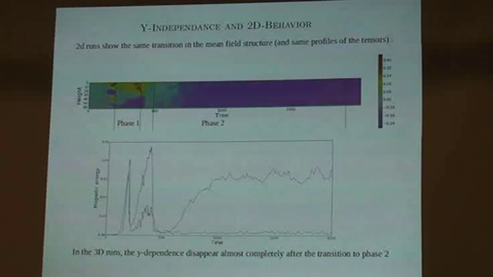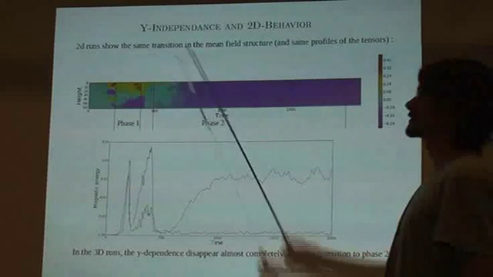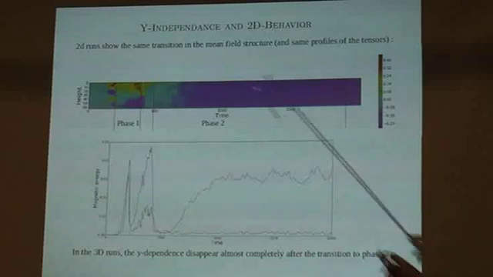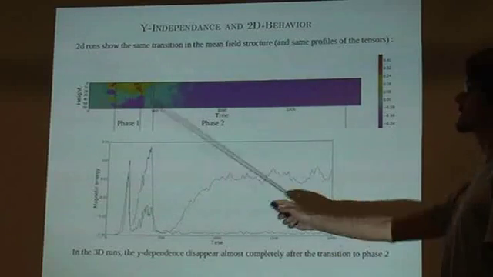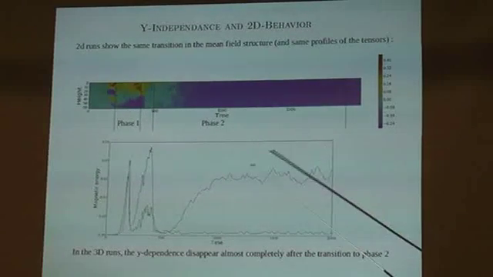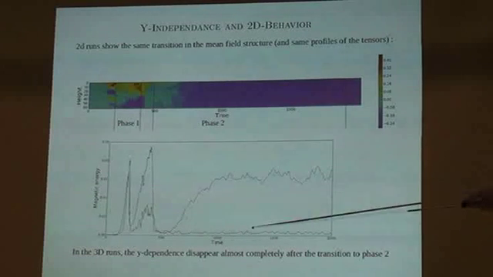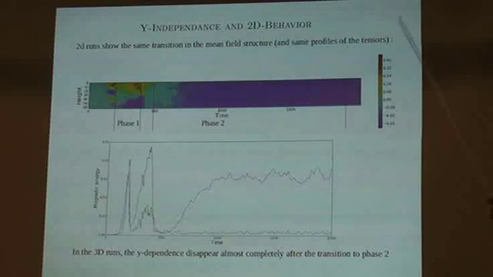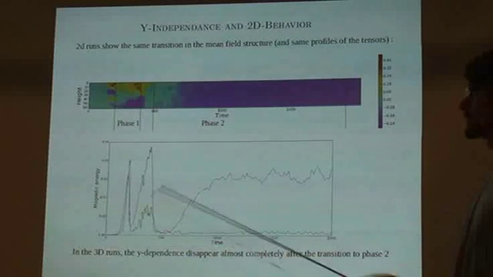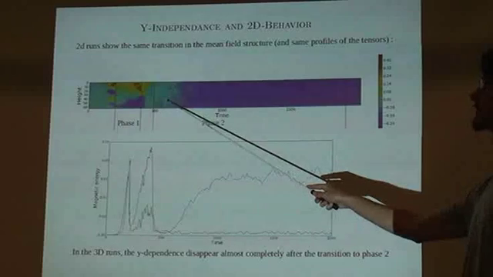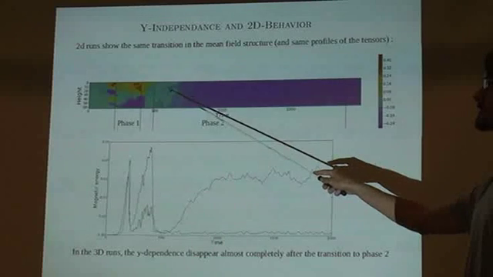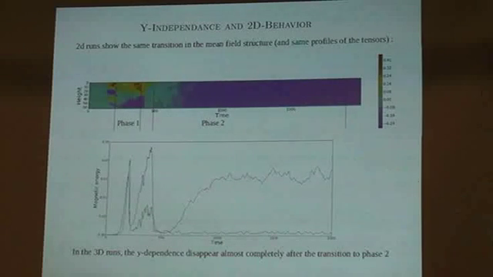And the last thing that I found a few days ago, and that is a little bit surprising: I tried doing a 2D run of the same thing, and I also found exactly the same transition with the same repartition of magnetic energy between the mean field and the fluctuating field. After doing that, I looked at my 3D run, and after this transition, the Y dependence almost completely disappeared.